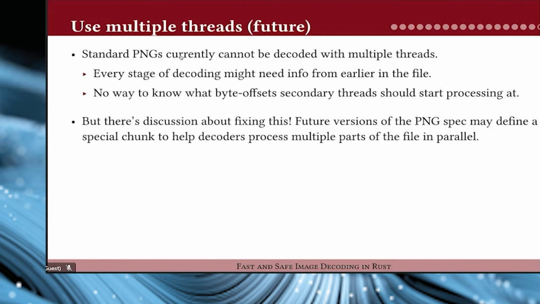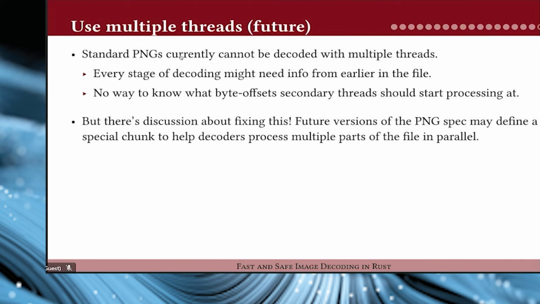This is something to note: the PNG file format is not set in stone. There's continued standardization work to make improvements to the file format, with backwards compatible additions that can improve PNG files that are created going forward.